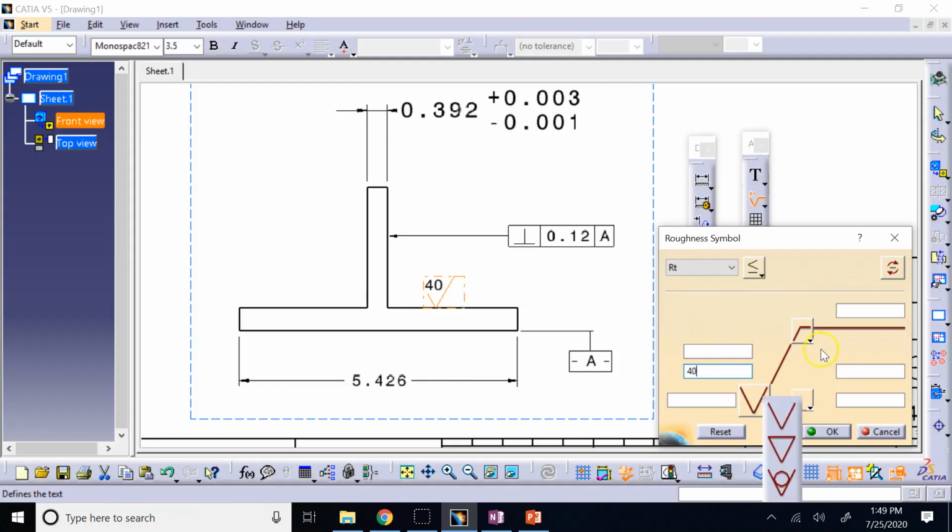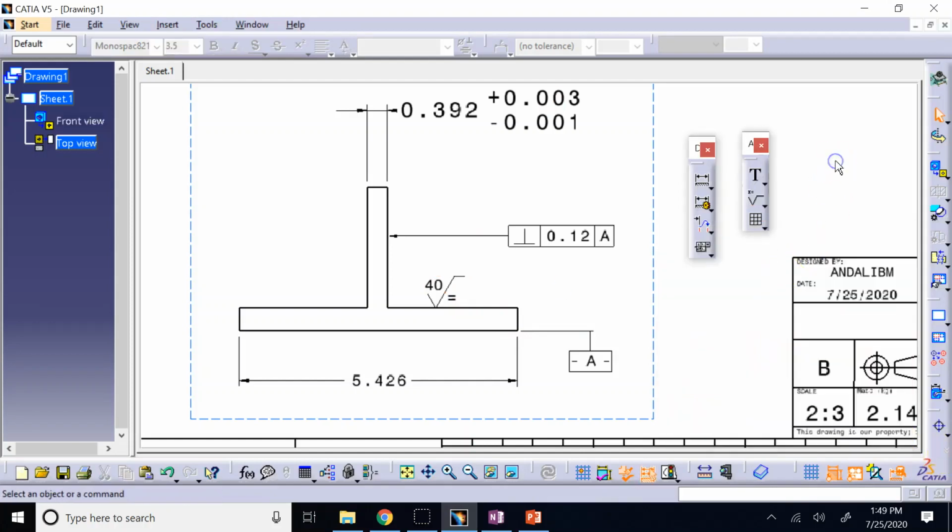Then you, of course, need the symbol of the parallel or perpendicular or whatever lay it is. You can also provide the roughness width and the waviness height and waviness width, but we mostly don't need to. Basically, the symbol of the lay, and most importantly, this average roughness height is sufficient. And there we go, that is how you show the surface roughness.